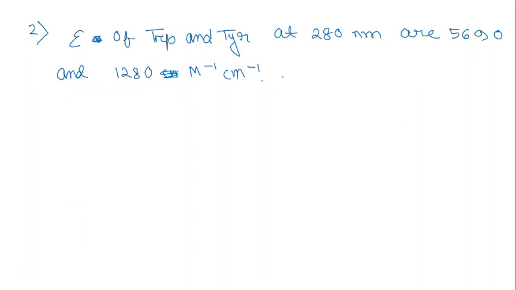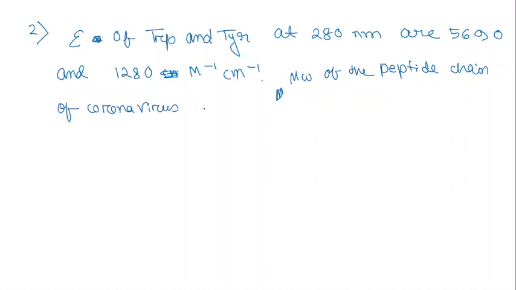Okay, this is the question. They gave the molecular weight of the peptide chain of the coronavirus, and it contains 11 tryptophan and 54 tyrosine.